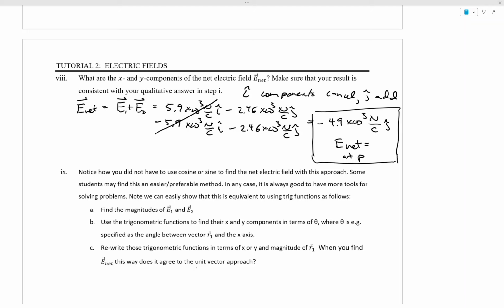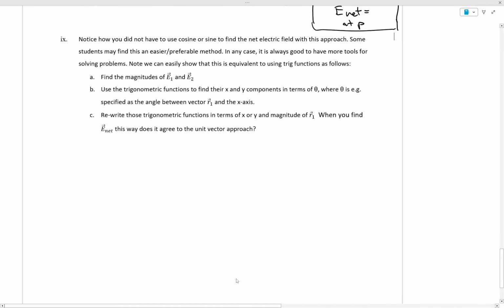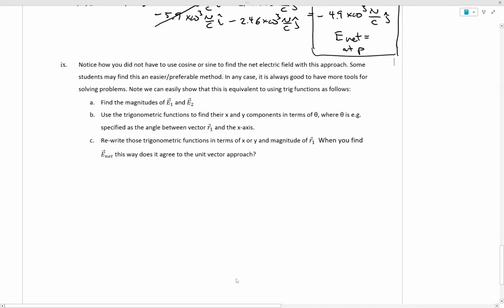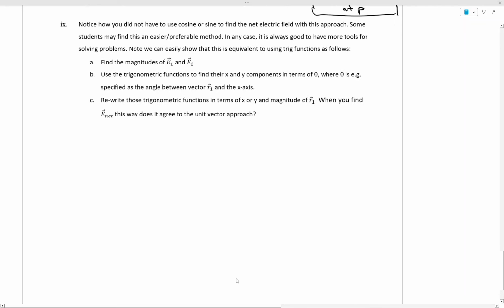And this is entirely consistent, though, with doing this using trig, using sines and cosines. So let me just show you real quick what that would look like. So the last bit here has you do this by using trig. So if this is more familiar to you, hopefully this kind of brings things together.